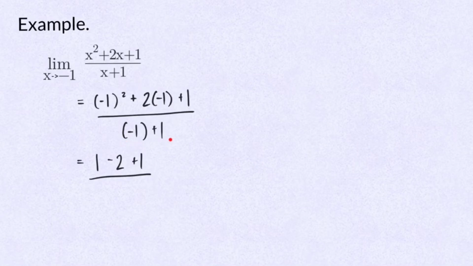Negative 1 plus 1 is equal to 0. And if we evaluate the numerator, 1 minus 2 plus 1, the answer will also be 0. When an evaluation produces the form 0 over 0, it is an indeterminate.